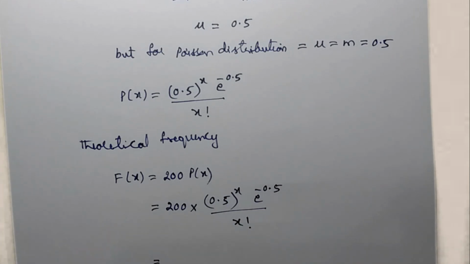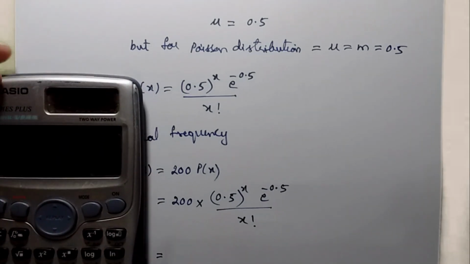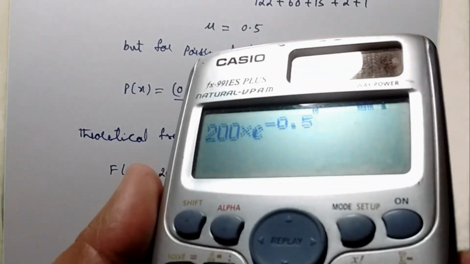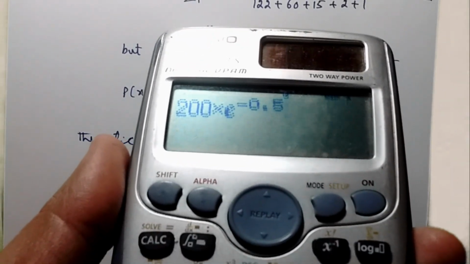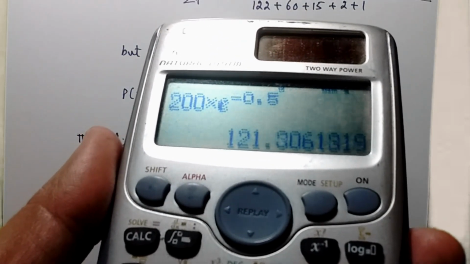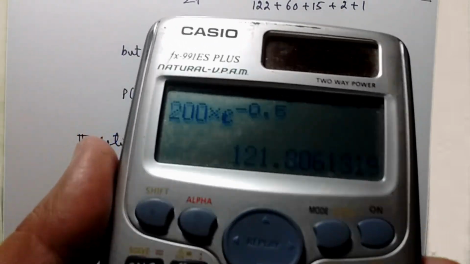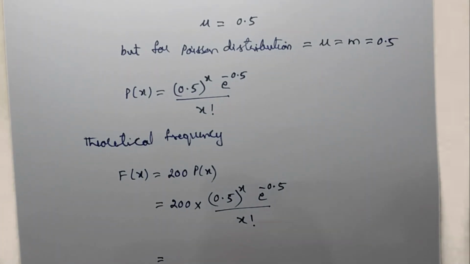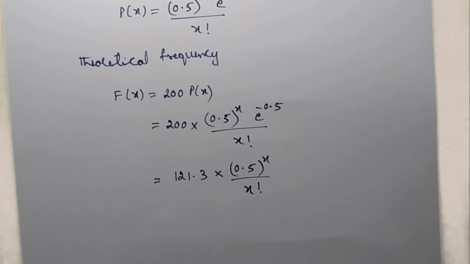Separately I am calculating 200 into e to the power of minus 0.5 and keeping this value ready. So 121.3 into the remaining values: 0.5 to the power of x divided by x factorial.